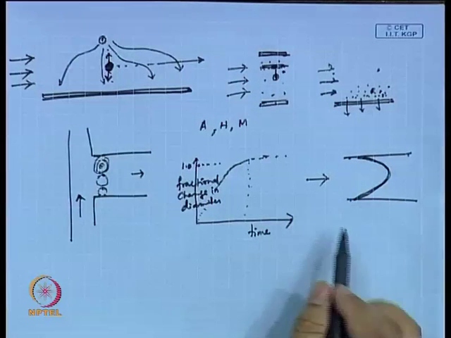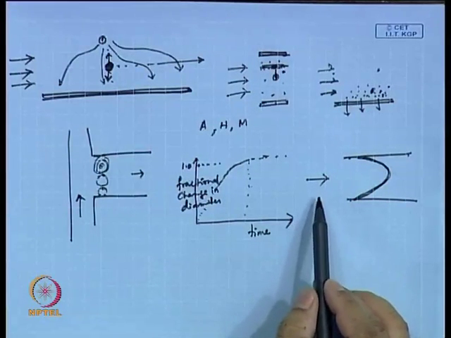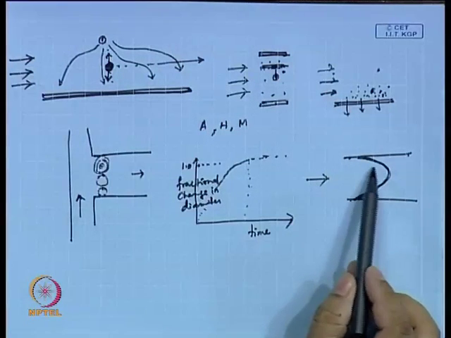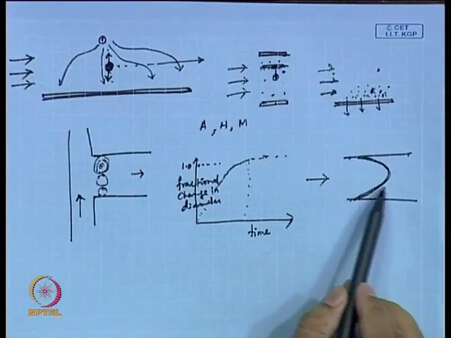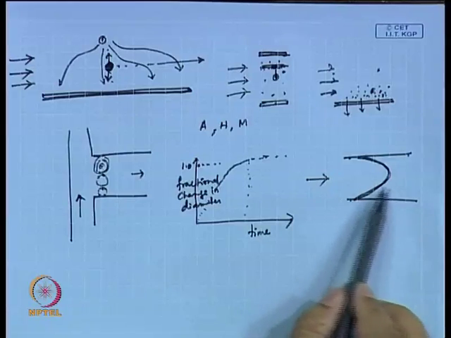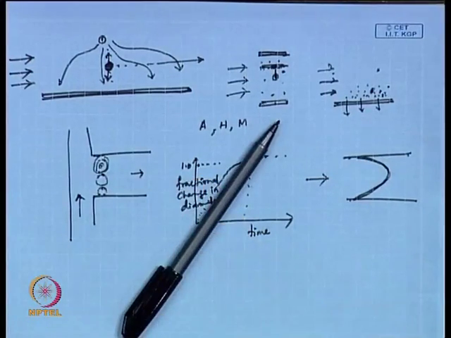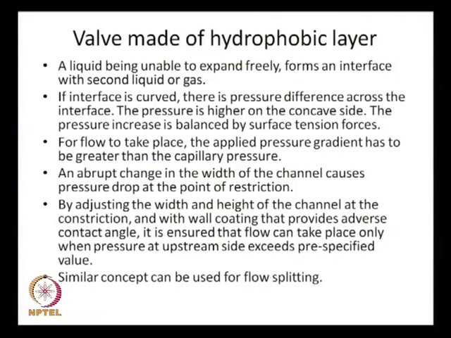So, unless this threshold pressure is applied on this side, you may not see this fluid entering into this capillary with hydrophobic wall. Also, for a flow to take place, the applied pressure gradient has to be greater than the capillary pressure.